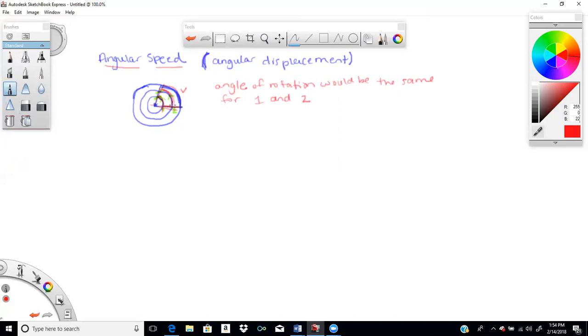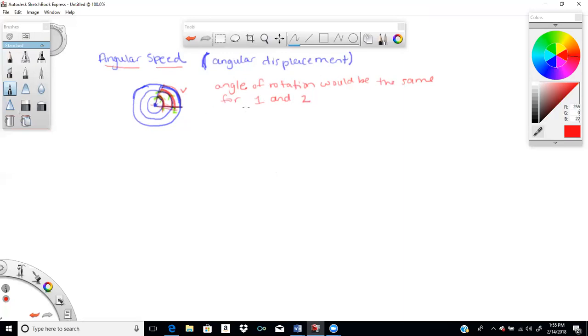It's almost like you're on the track. You know how some are running longer, but the angle is the same. So the angle of rotation will be the same for 1 and 2.